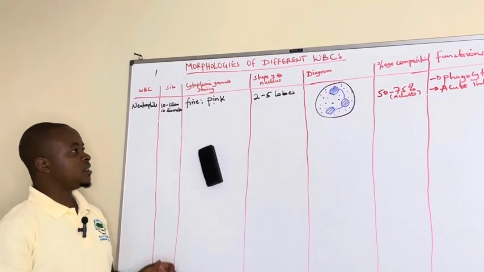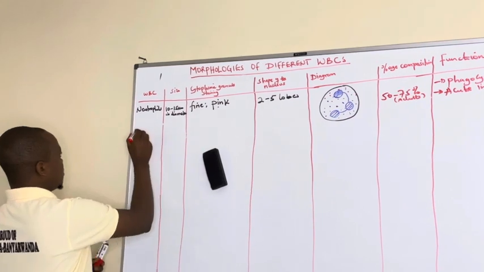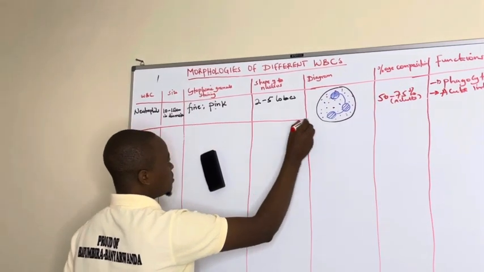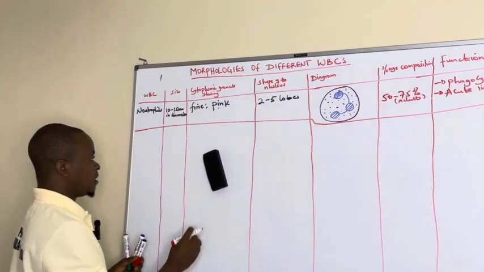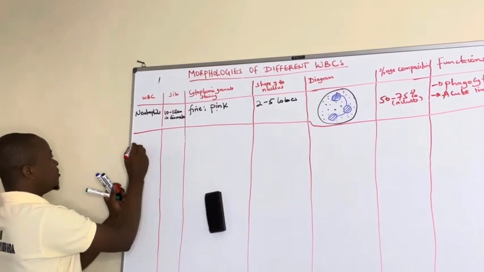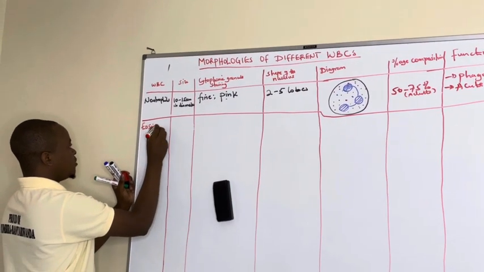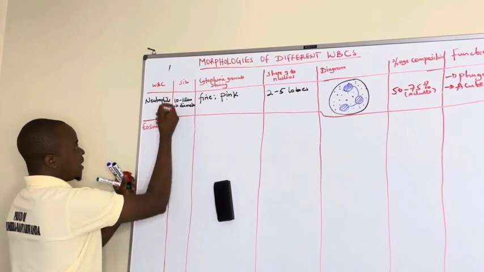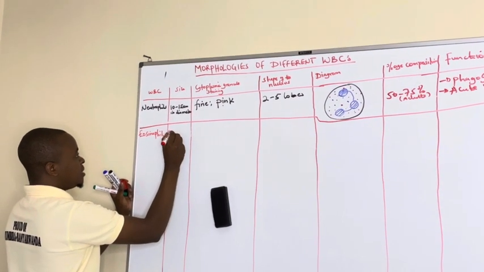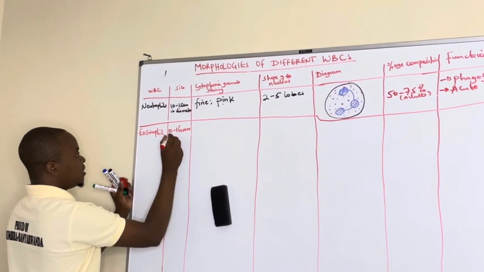We have seen it. Then the next one we can discuss is the eosinophil. This eosinophil, its size is slightly larger than the neutrophil, so it can be 10 to 16 micrometer in diameter.